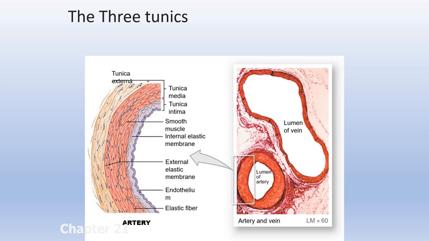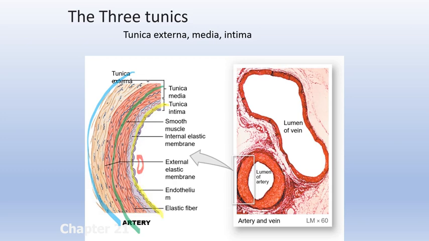There are three tunics. The tunica externa, which is obviously the outermost ring of a blood vessel. There's the tunica media, which always consists of that smooth muscle right there. And then there's the tunica interna, which is what comes into contact with all of your little red blood cells.